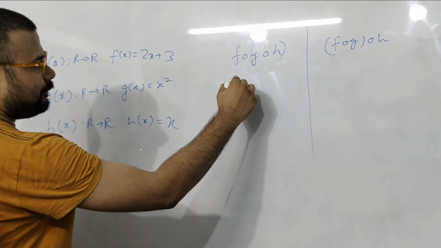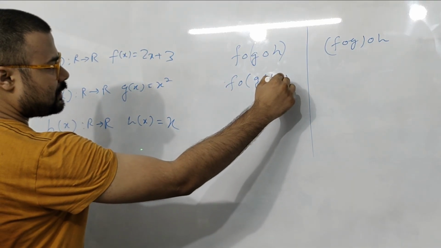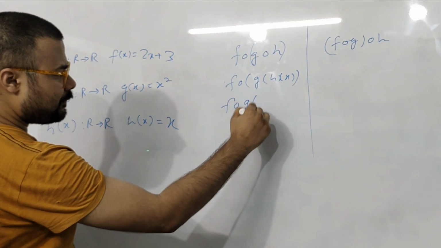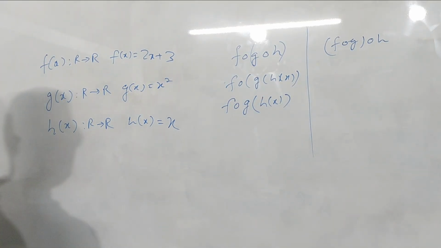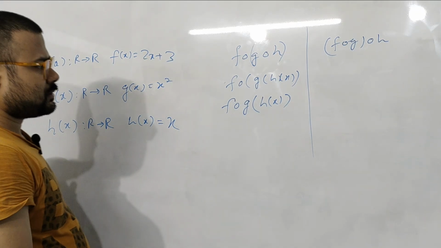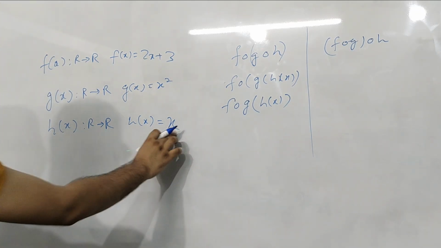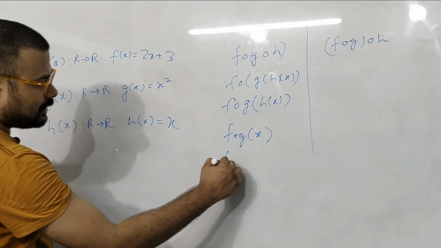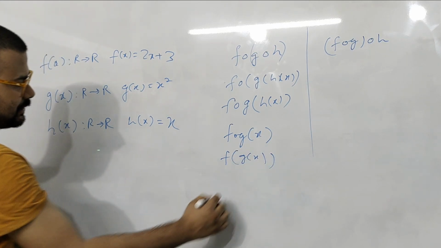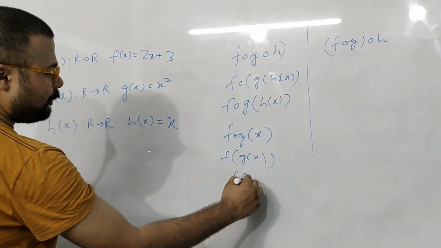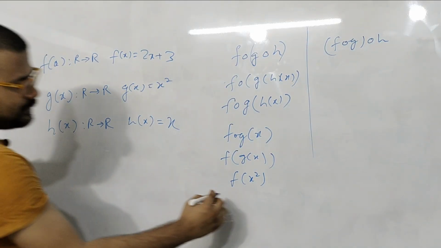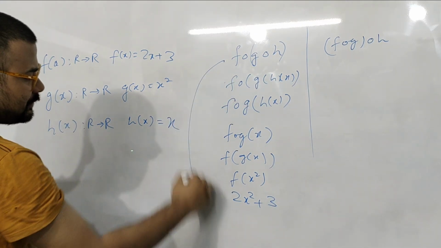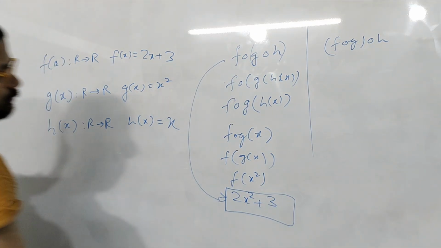Then fog of h means f of g of h of x, and h of x is x only. So f of g of x, where g of x is x square, means f of x square, which is 2x square plus 3. This is fog of x, 2x square plus 3.